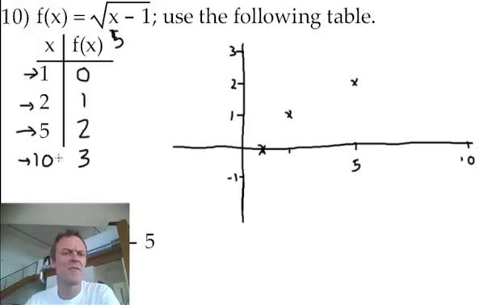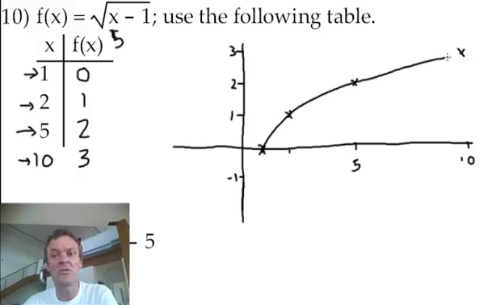And finally, when x is 10, all the way over here, y is 3, so about there. So we get another one of these classic root x curves. Here we go, if I can draw these. Not too bad. And again, it will go on forever, because that's the graph.